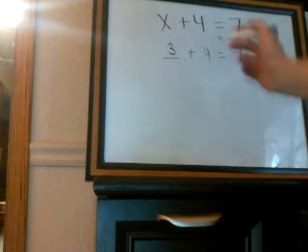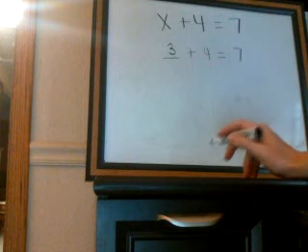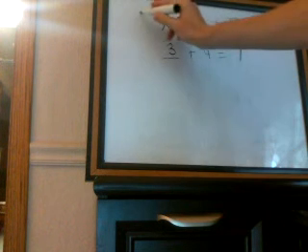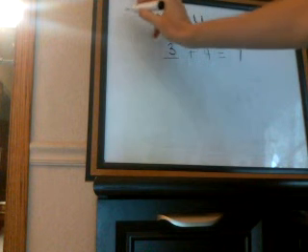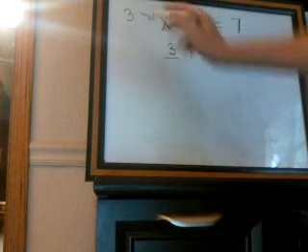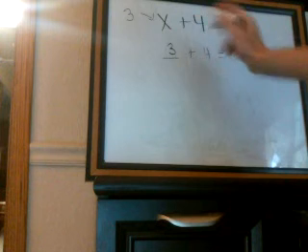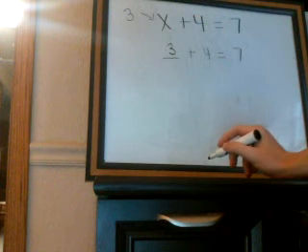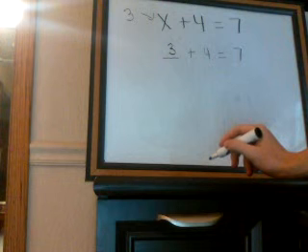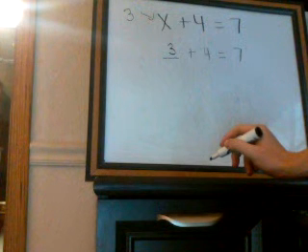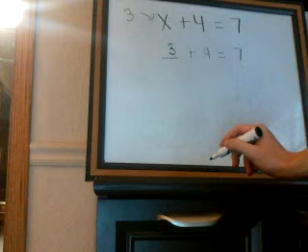It's sort of like what number is behind door number 1. And we know that the missing number in this problem is 3, because 3 plus 4 is equal to 7. So we know that x stands for 3, or x is 3. And we just solve this problem just by looking at the problem and knowing that x has to be 3.